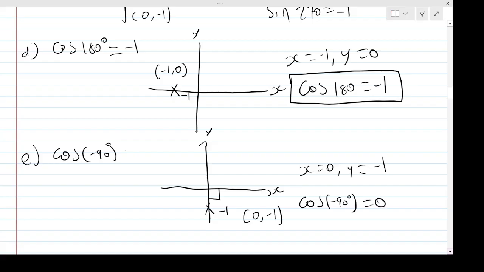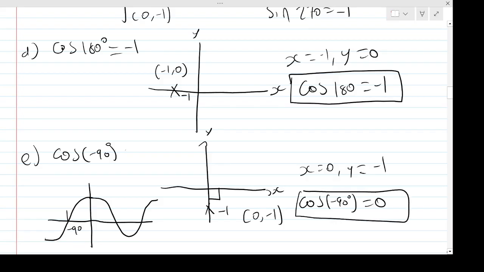And there we are. So remember, the cos graph looks like this. We can also go on the negative angles as well. Well, this would be -90 there, which indeed is 0, right?